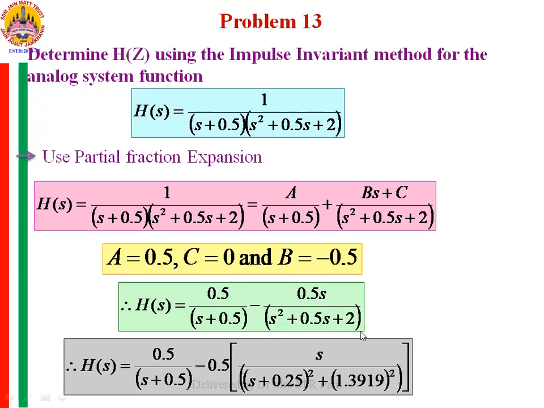So a square is 0.25 square. So 0.25 square we have to subtract from 2, and whatever answer you get, take the square root of that. That is your b. So write the b square. Getting this or not? Yes?